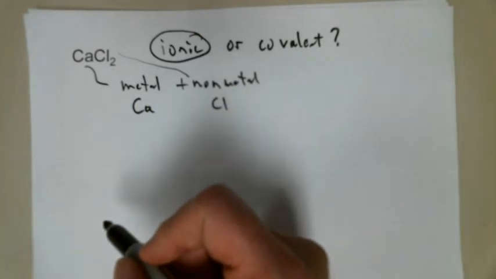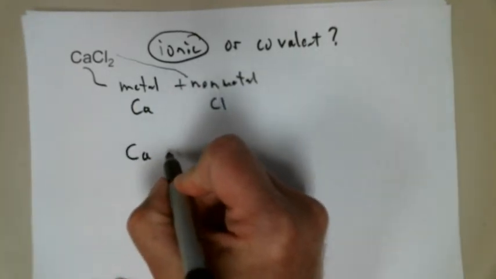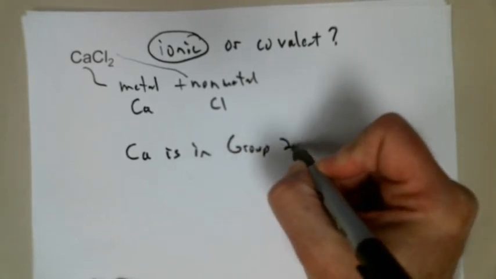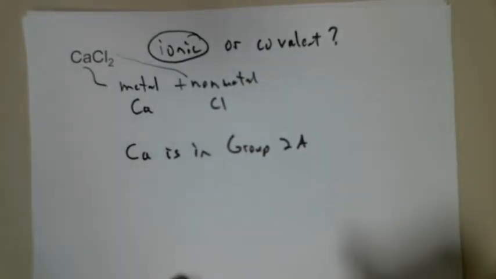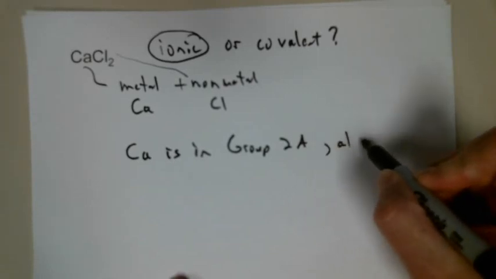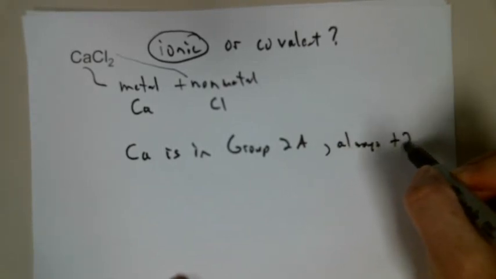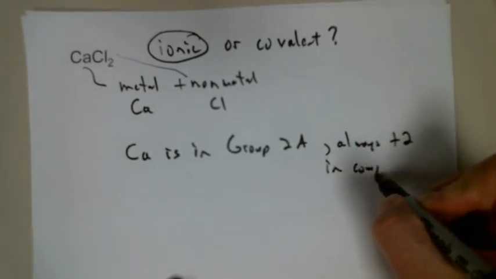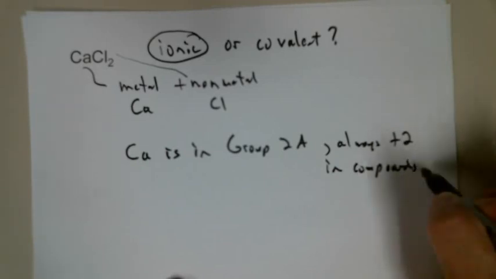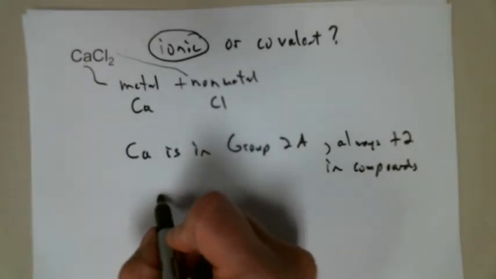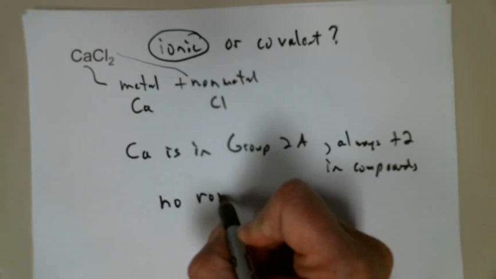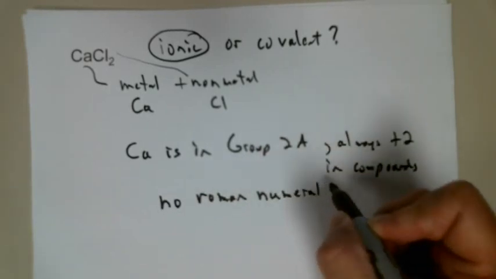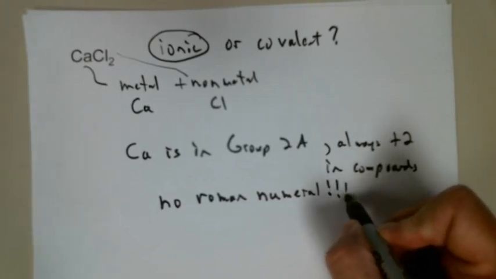Well, calcium is in group 2A, and we know that group 2A is always +2 in compounds. When it's an ion, it's +2. That means it does not get a Roman numeral. In fact, it will be counted wrong if it has a Roman numeral, even though that's silly.